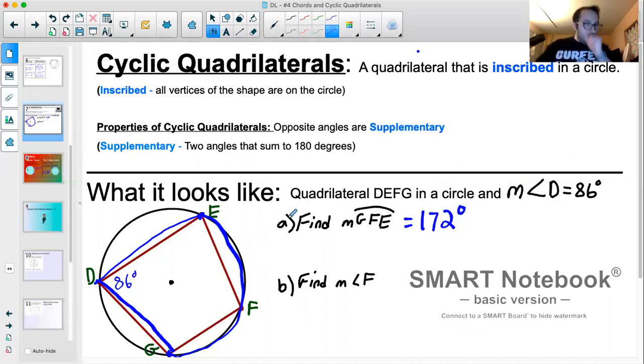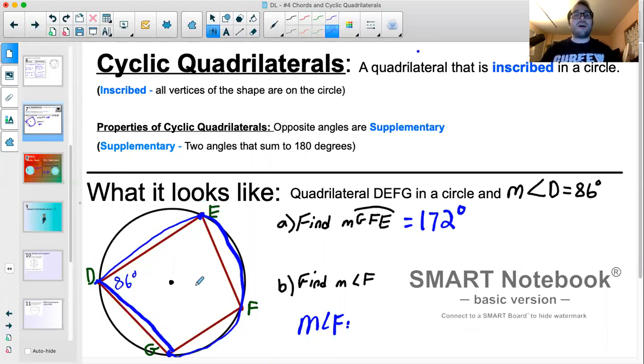Awesome. So now I want to know the measure of angle F. Well, in this picture, it's a four-sided figure that's inscribed in a circle, so it must be a cyclic quadrilateral. Angle D and angle F are opposite each other, right? They're not next to each other, like D and E are next to each other, and D and G are next to each other.